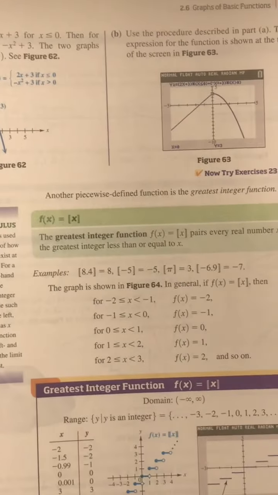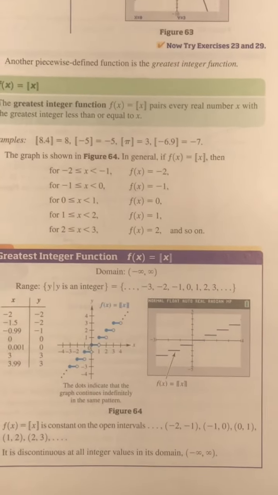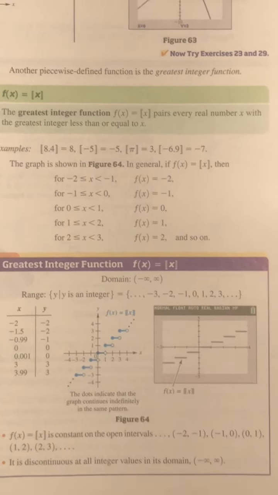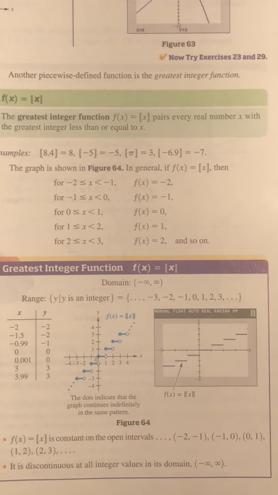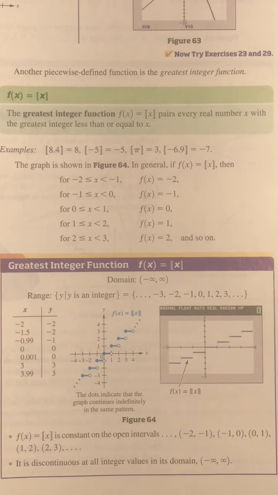And then we have the greatest integer function, which might look a little more complicated than it really is. The domain is all real numbers, and what the greatest integer function does is pair every real number with the greatest integer less than or equal to x.